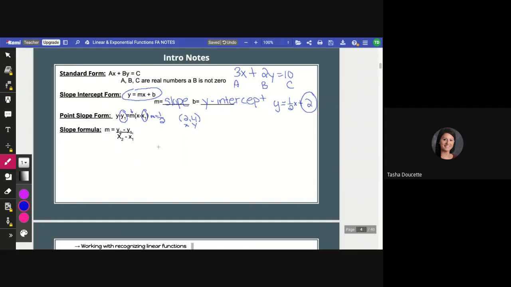And you can find your point slope form. So it would be y minus 4 equals 1/2 times x minus 2. And that would be it for your point slope form.